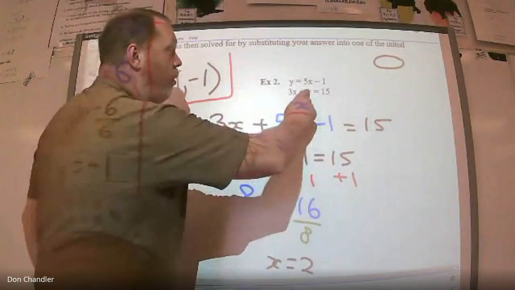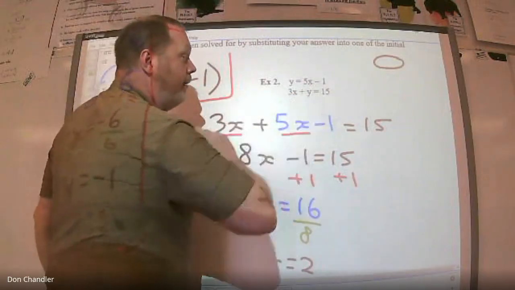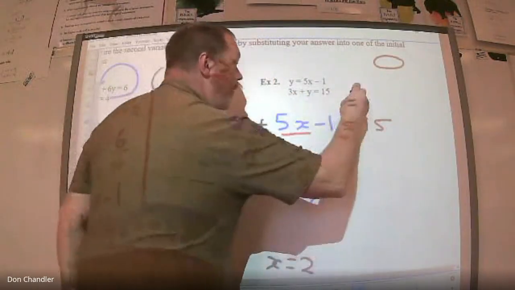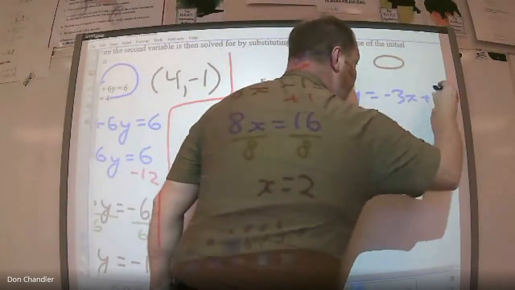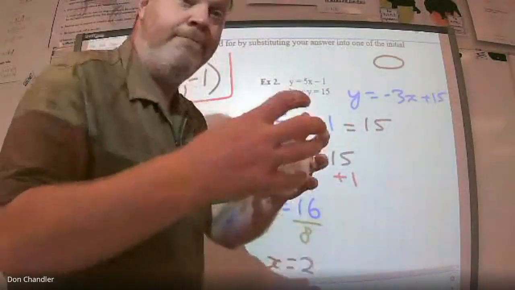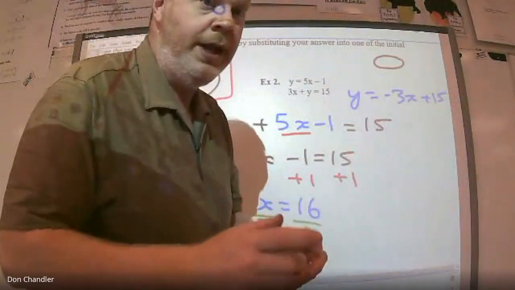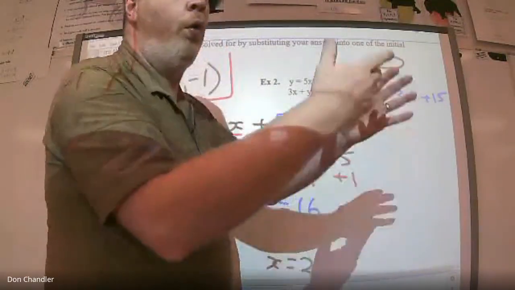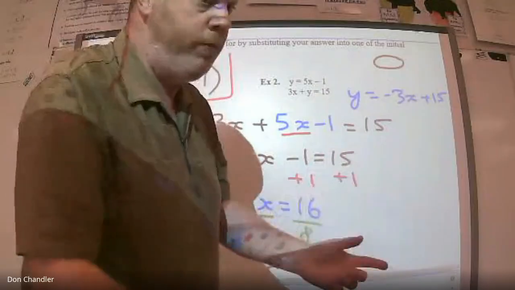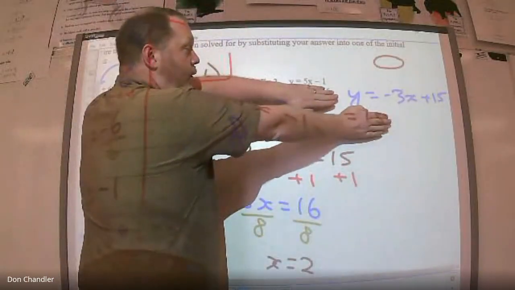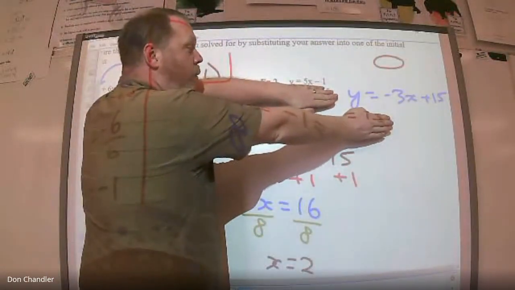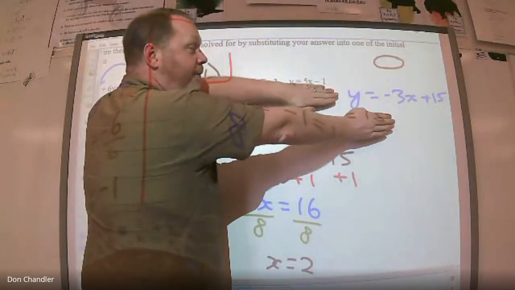Your y2 would have been negative 3x plus 15. You're trying to combine two different things. Either graph it or do it algebraically. You don't do both. So if you were going to graph this, you now have y1 is 5x minus 1. y2 is negative 3x plus 15.